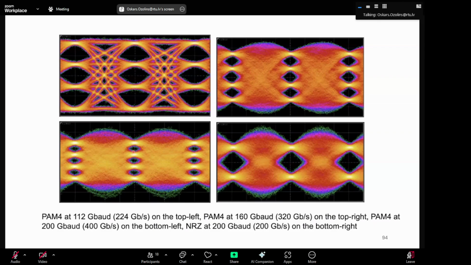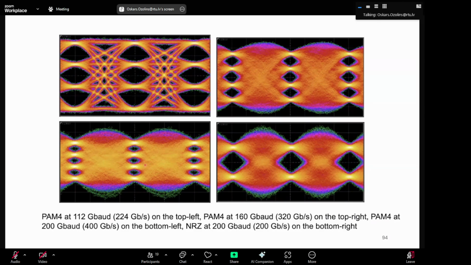What you can see is that the shape of the signal from this eye diagram to this eye diagram is significantly different, because for this higher symbol rate you still have the same bandwidth. When you decrease the bandwidth, the eye opening in this direction decreases, and also in this direction. So the bit error rate for this signal and this signal is very different.